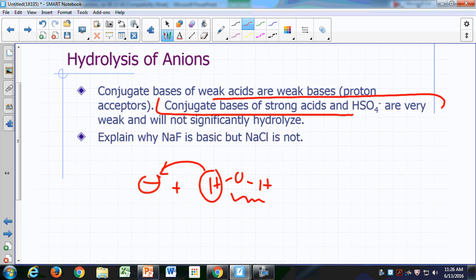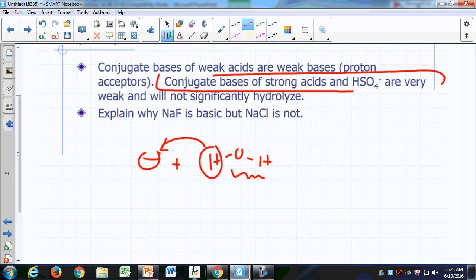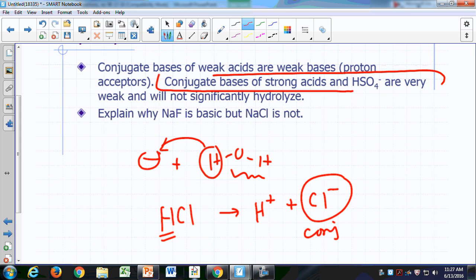Most other ions will. So for example, HCl. Remember, the conjugate base is what you get if you lose the H+. So chloride is the conjugate base of HCl. The fact that HCl is a strong acid means chloride has no tendency to accept a proton.